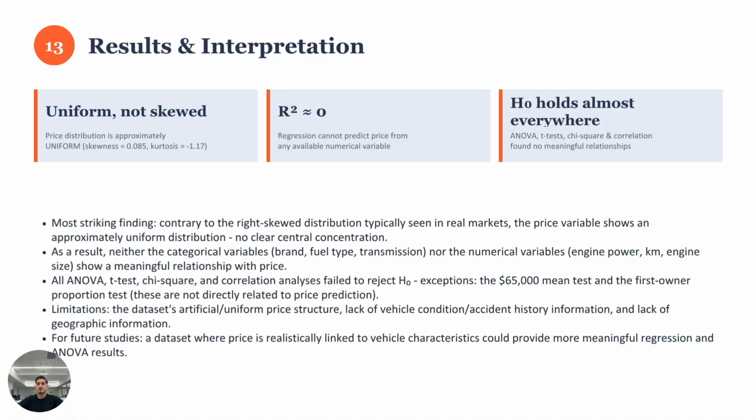Because of this, nearly all 11 methods found no significant relationships between price and brand, fuel type, transmission, kilometers, or power, and our regression model had R-squared values near zero. This is likely because the dataset was artificially created with a balanced uniform price distribution.